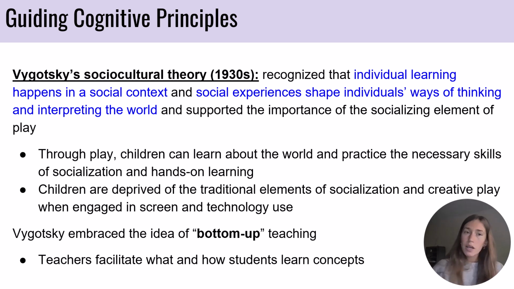All right, so the main guiding principle was Vygotsky's sociocultural theory. So this was developed in the 1930s, but it really emphasized that individual learning happens in a social context.